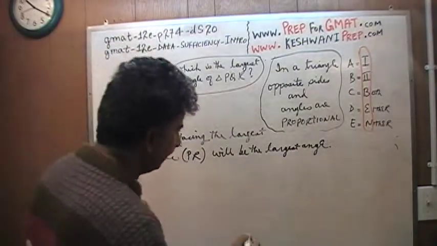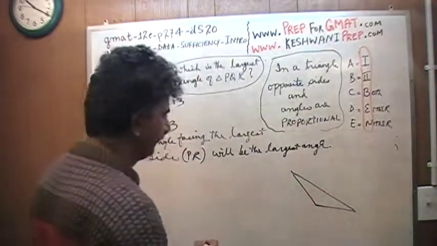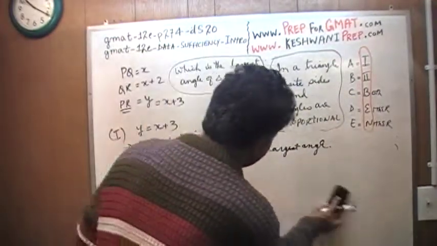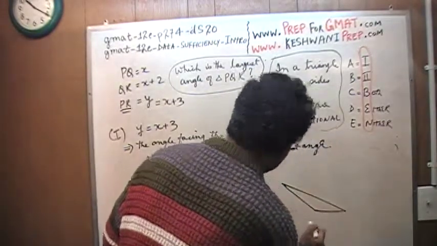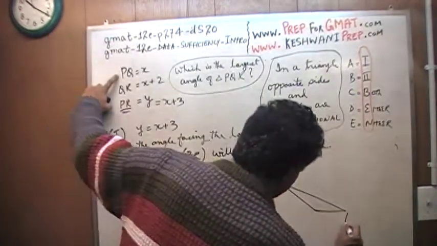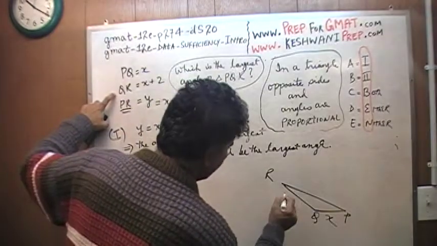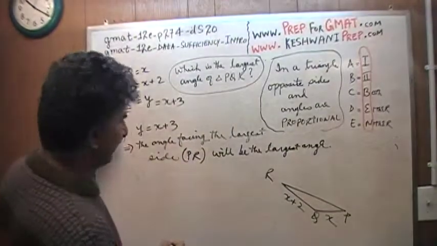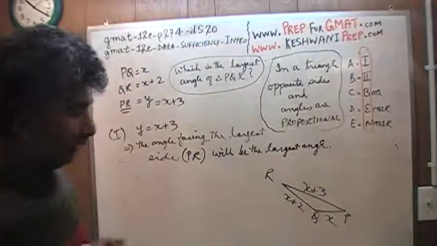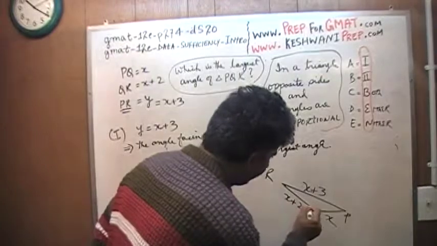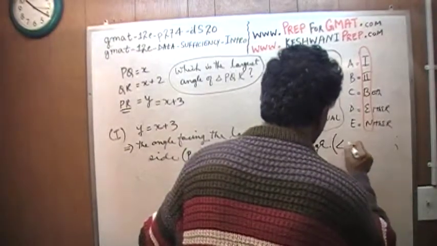If you want to draw the triangle, P to Q is x, Q to R is x plus 2, and the largest side is P to R, which is x plus 3. Therefore the angle that faces P to R, this angle right here, angle Q, will be the largest angle.